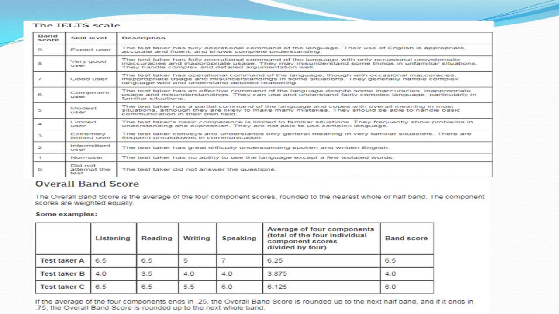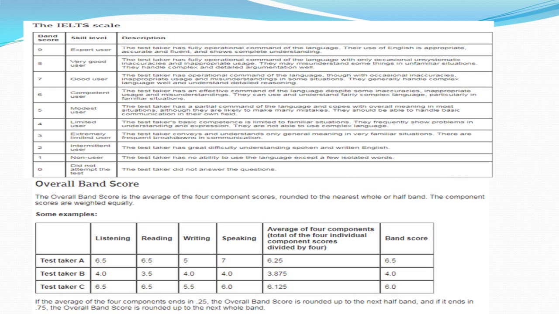Alright, so the overall band score is the average of the 4 component scores rounded to the nearest whole or half band. So the component scores are weighted equally. Some examples here, we have 3 different test takers, okay?